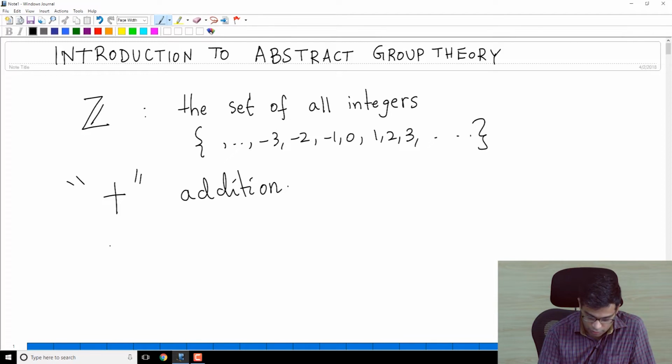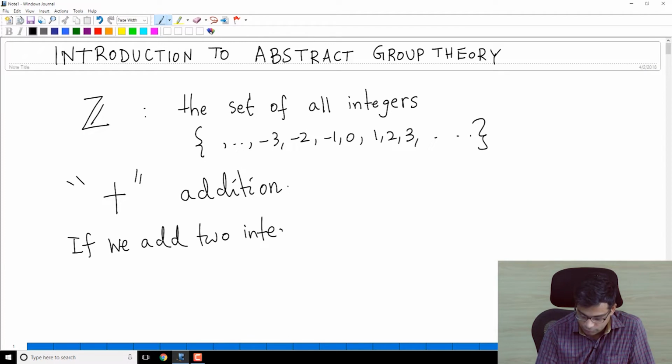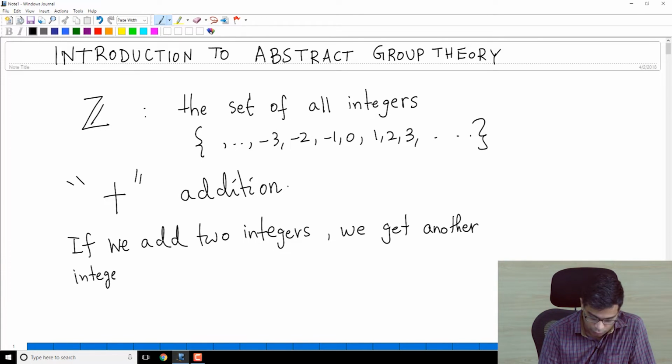So, if we add two integers, we get another integer. So, this is the starting point. We say that adding integers is a binary operation on the set of integers.